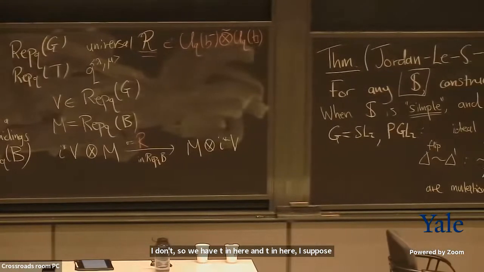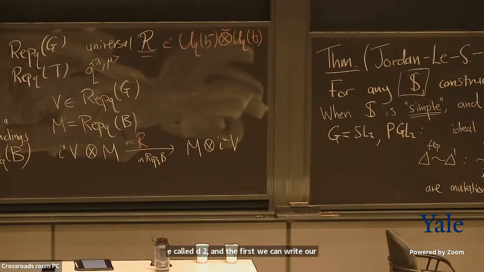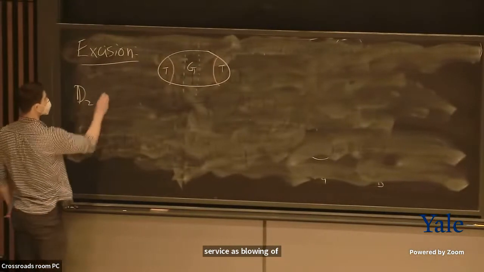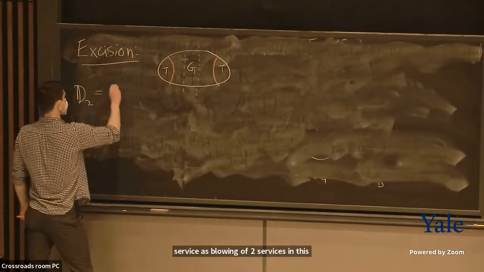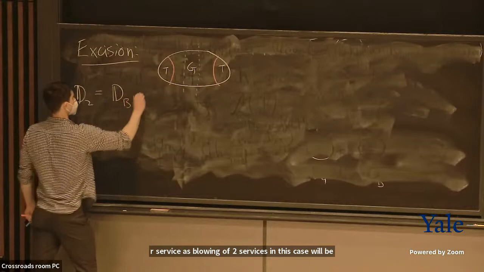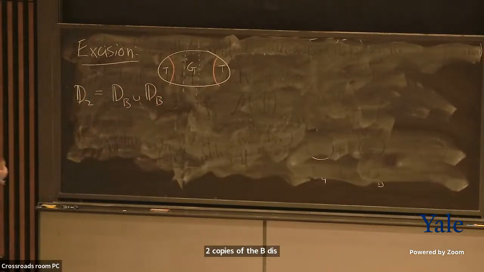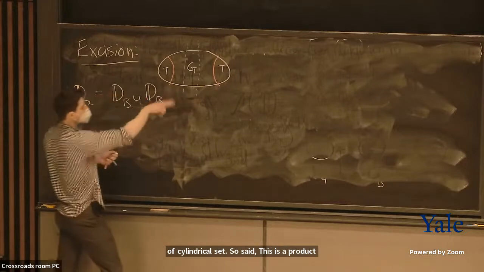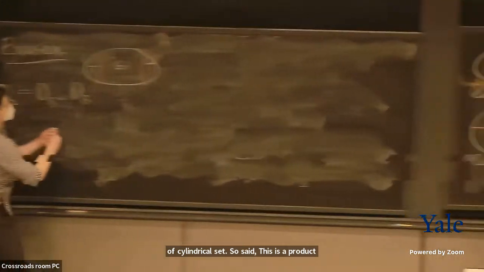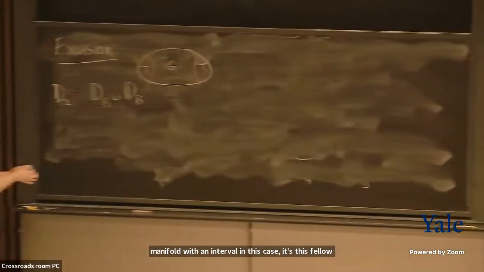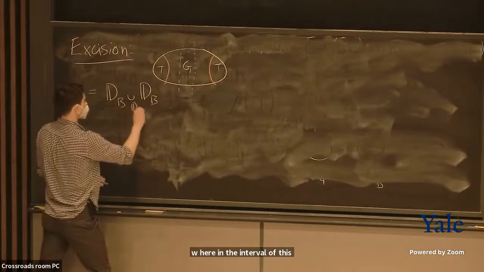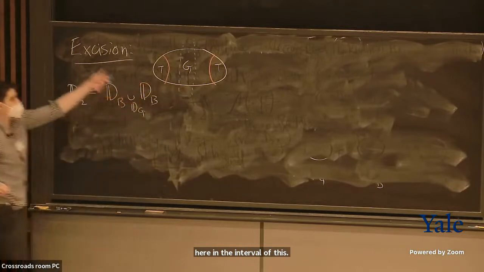Suppose we can write our surface as a gluing of two surfaces, in this case two copies of the disk glued over a cylindrical surface. That is, a surface which is the product of some one-manifold with an interval. The interval goes in this direction, and topologically what we're gluing over is just a G-disk.